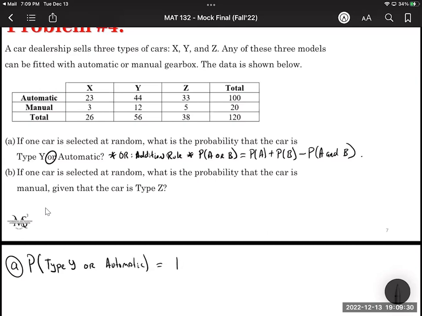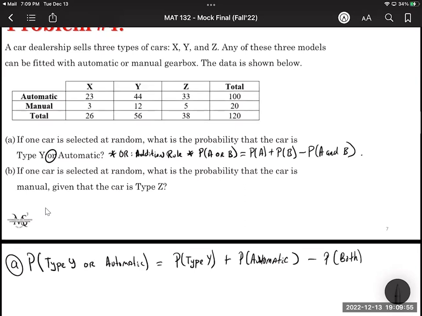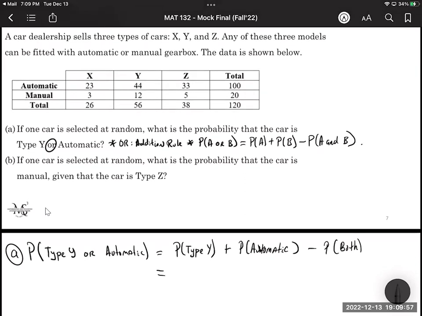Well, this is going to equal the probability of selecting a car that's type Y plus the probability of selecting a car with the automatic gearbox minus the probability of type Y and automatic. Type Y and automatic, you could just simplify as the word both, right? It contains both characteristics. All right, because I'm computing probabilities based off of my table, you write these values as fractions, do some computation with them as fractions, then round at the very end. So don't round anything yet, round till the very end.